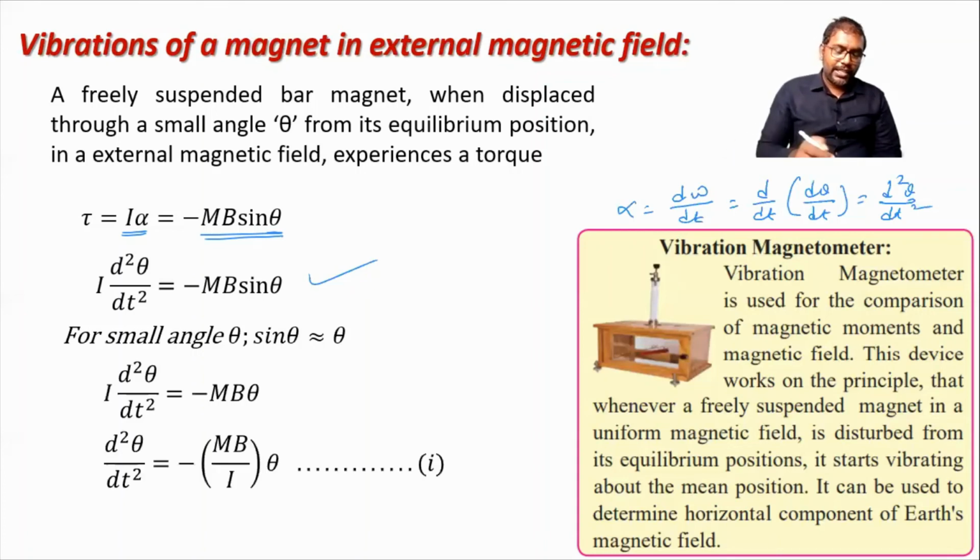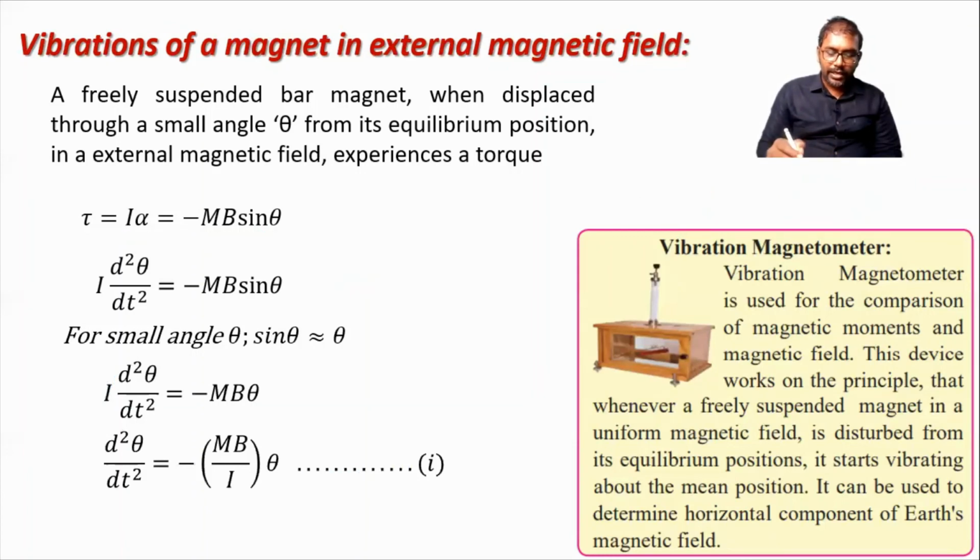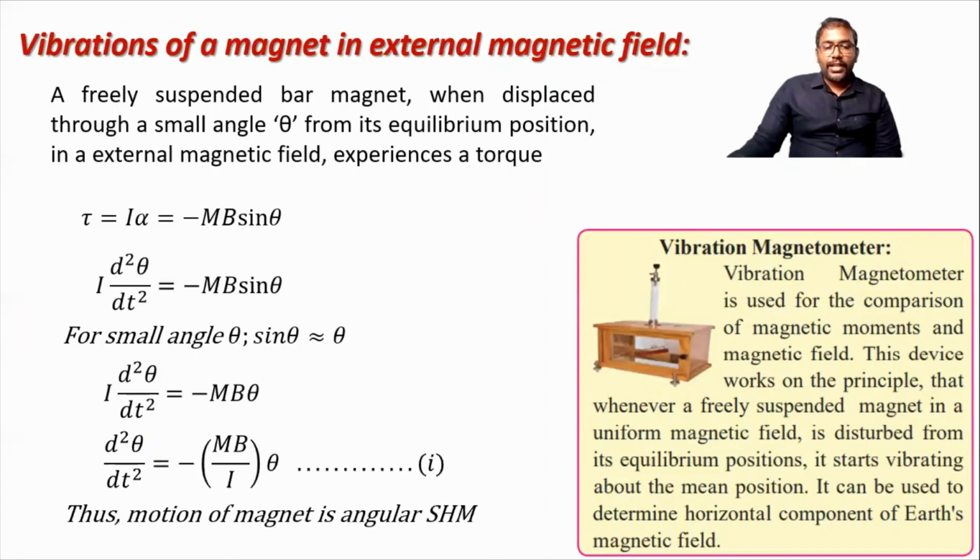Now we can shift this I to the right hand side. So we get d square theta by dt square is equal to minus mb divided by I into theta. This is the formula and this is equation number 1. Here d square theta by dt square is alpha, that you remember. Now this motion of the magnet is angular SHM.